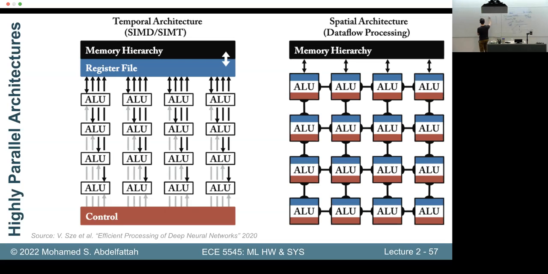I don't know if people are familiar with it. If people can see this, Flynn's taxonomy is: we have data on one side and instructions on the other side, and then there's single and multiple.